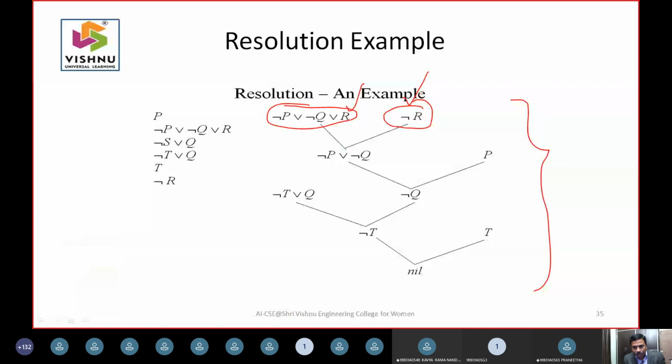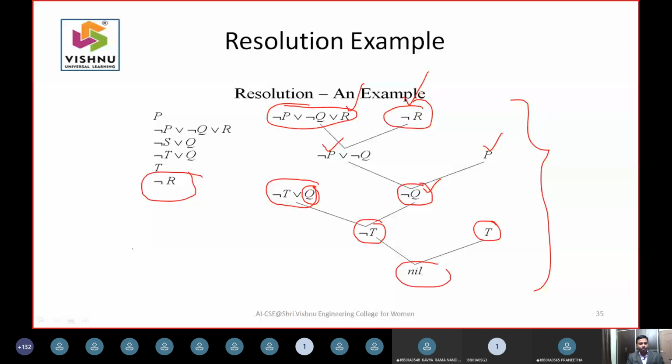So from this you have P. From this you have negation of P. You will get negation of Q. From this, since Q is there, negation of Q will go, and you will get negation of T here. From T and negation of T, you get a nil. The meaning is whatever you took or added is wrong. So R is proved.